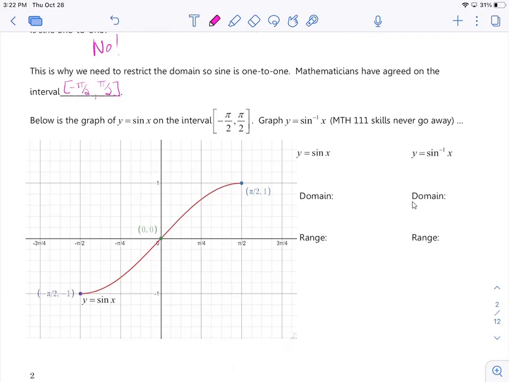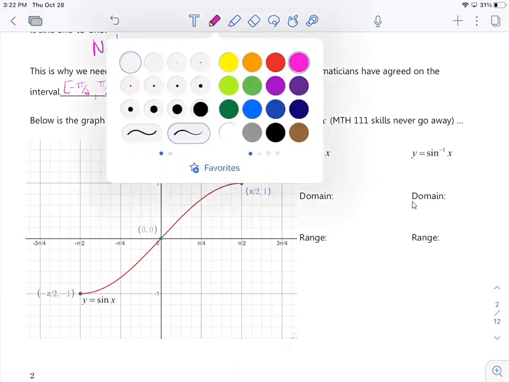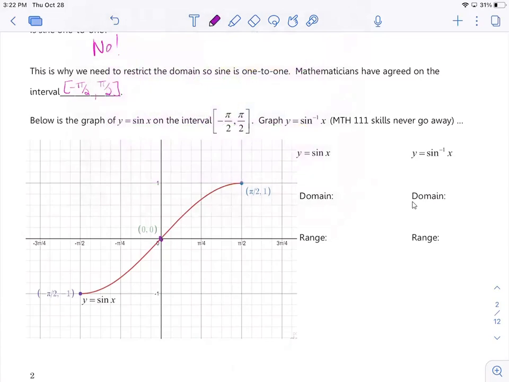So remember, to graph your inverse function, the inverse is we swap our x's and our y's. So 0, 0, well, let me change colors. That will be good. If I swap 0, 0, it's just 0, 0. And then if I swap pi over 2, 1, well, that's going to become 1, pi over 2.